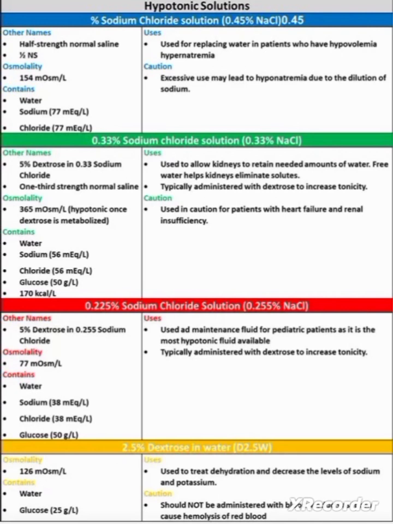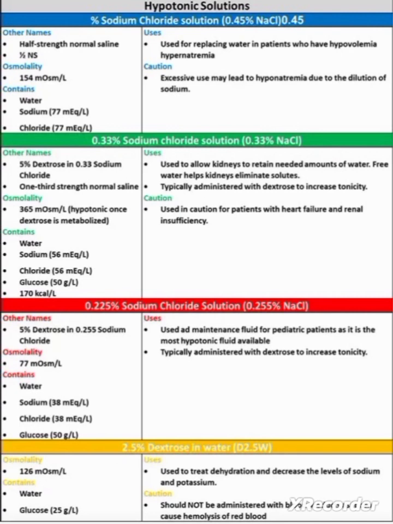Next, 0.225% sodium chloride solution. Here it is 5% dextrose in 0.225% sodium chloride. The osmolality is 77 milliosmoles per liter and it contains water, sodium, chloride, and glucose. The sodium and chloride level is 38 mEq per liter and glucose is 50 grams per liter.